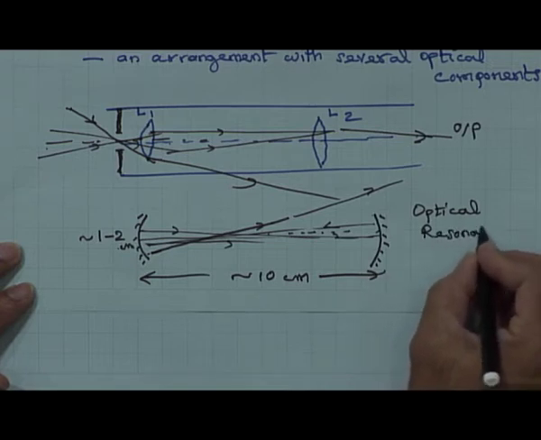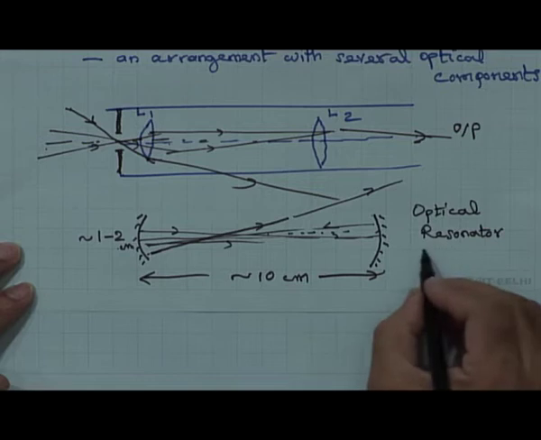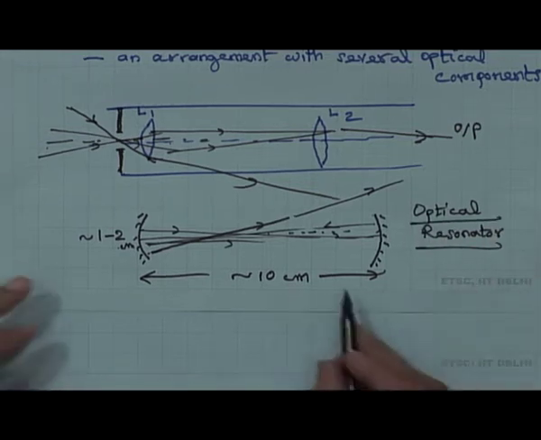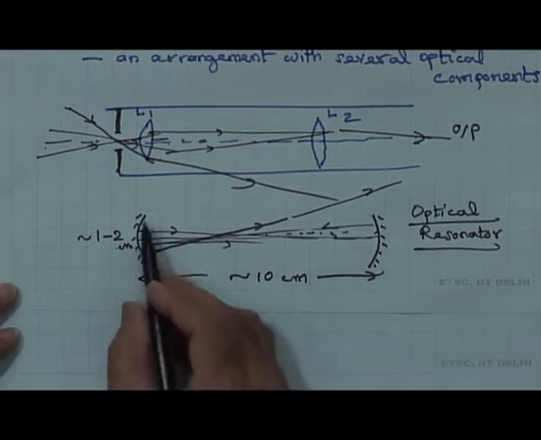I am just giving another example of an optical system. An optical resonator is a device comprising two mirrors.